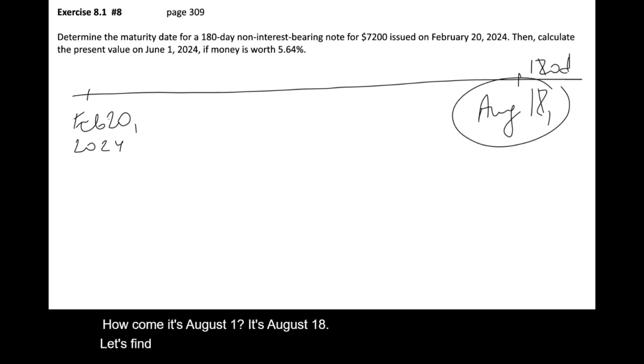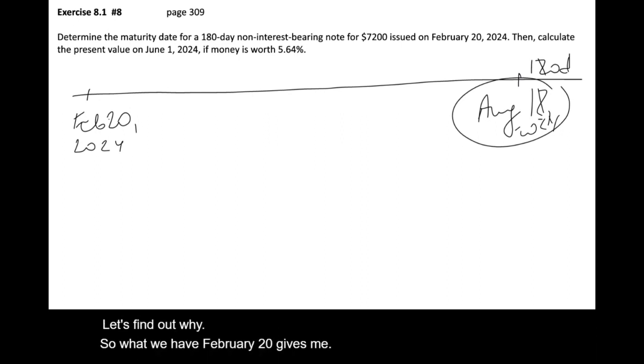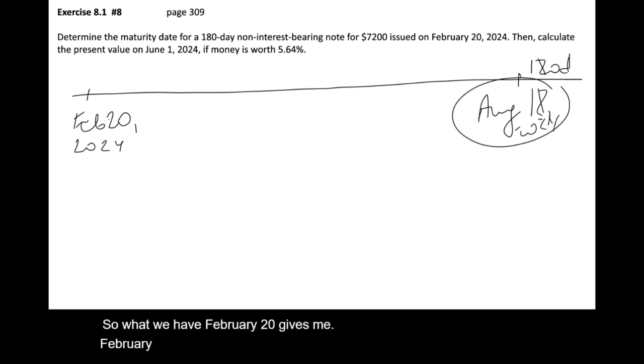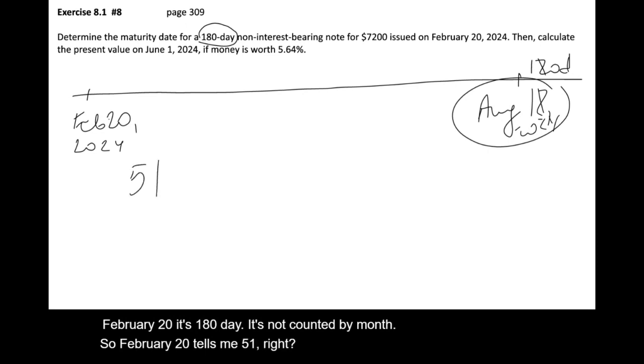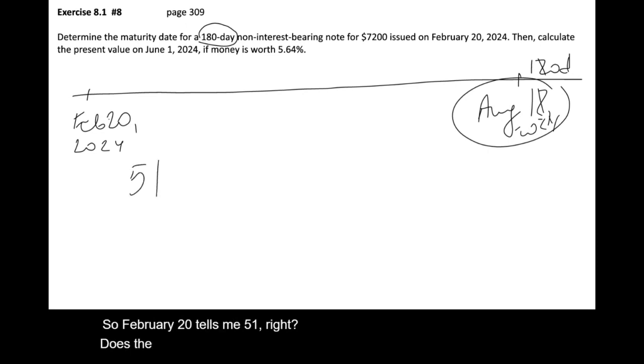Let's find out why. So what we have, February 20. Well, it's 180 days. It's not counted by month. So February 20 gives me 51, right? That's the number of days from New Year to February 20. Yes, guys? Everybody?